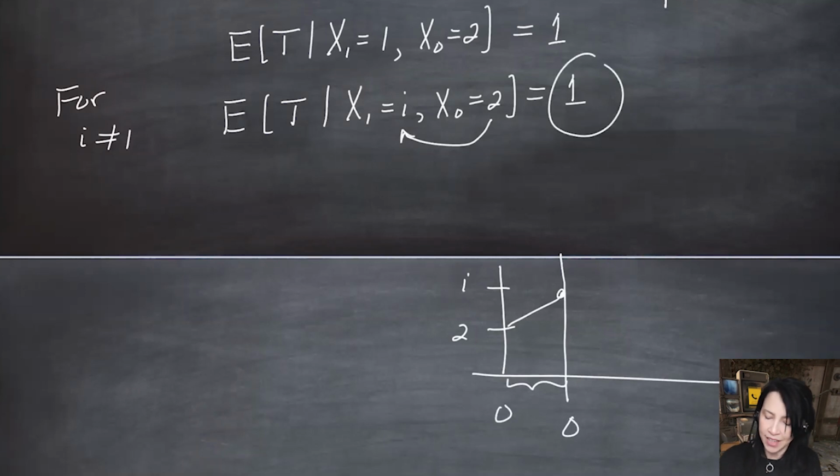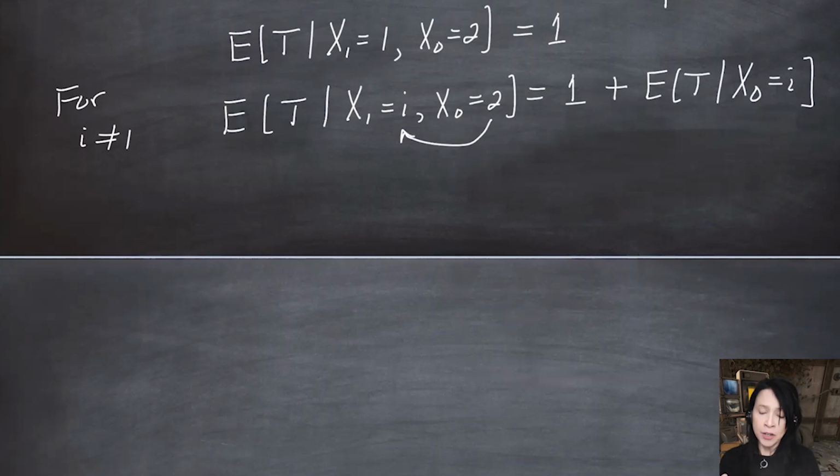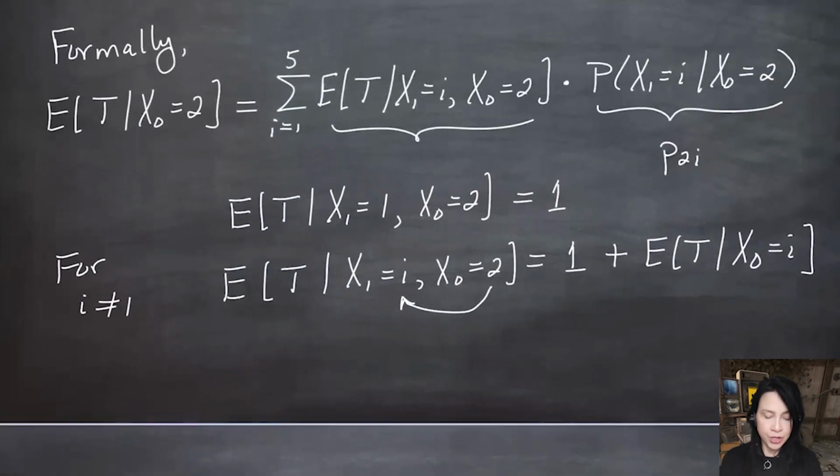That's not the end of that line. We take one step and then we have to add on the expected value of t given that x0 is i. We've sort of re-indexed time. I'm going to put this stuff up into this equation up here.